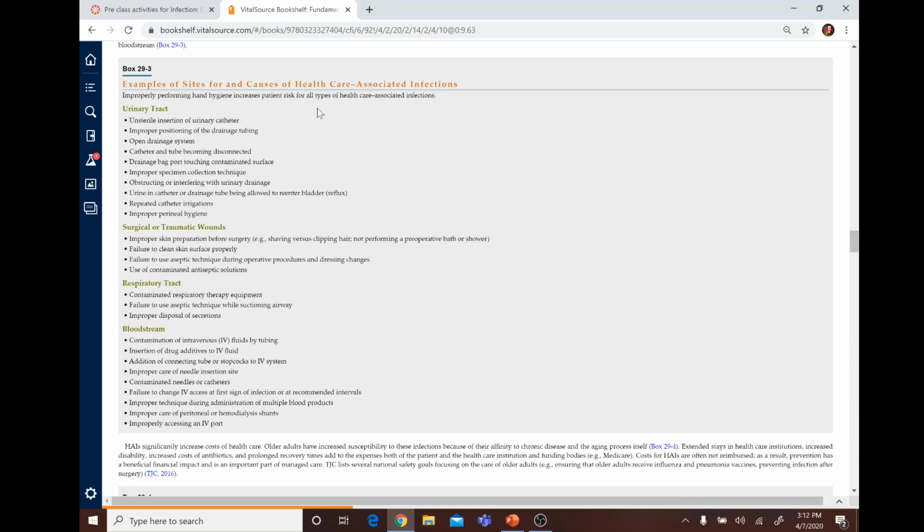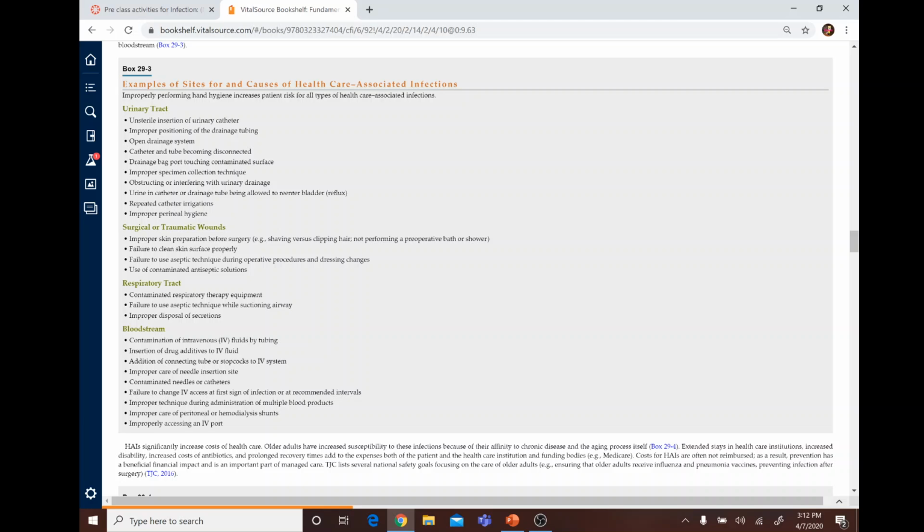Unsterile insertion of urinary catheter, improper positioning of urinary drainage tubing, open drainage system, catheter and tube become disconnected, drainage bag port touching contaminated surface, improper specimen collection technique, obstructing or interfering with urinary drainage, urine and catheter or drainage tube being allowed to enter bladder, repeated catheter irrigations, improper perineal hygiene.